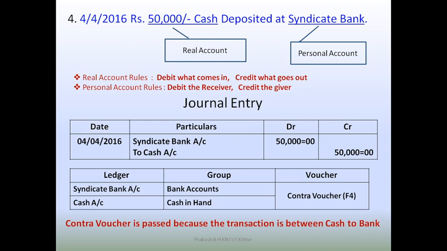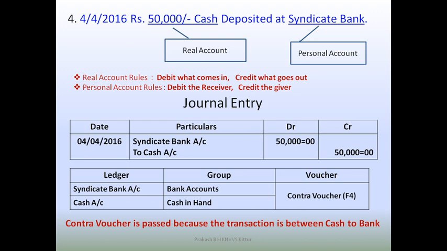The ledger heads: the Syndicate Bank account comes under the group bank accounts. And then the cash account comes under the cash in hand group. The voucher we have passed is the contra voucher.